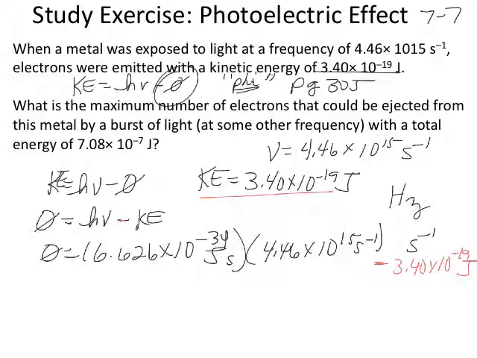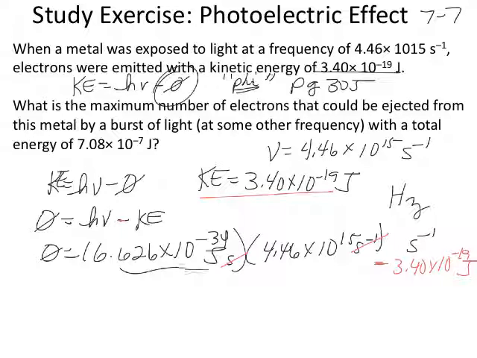Now I like to look and check out my units. So s to the negative 1 will cancel out, and your joules minus joules. So you can do that math because they're the same units.